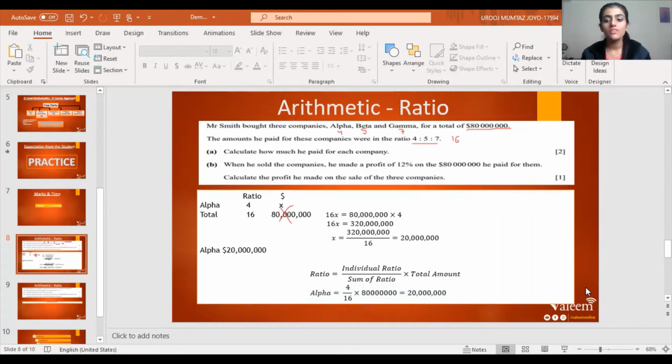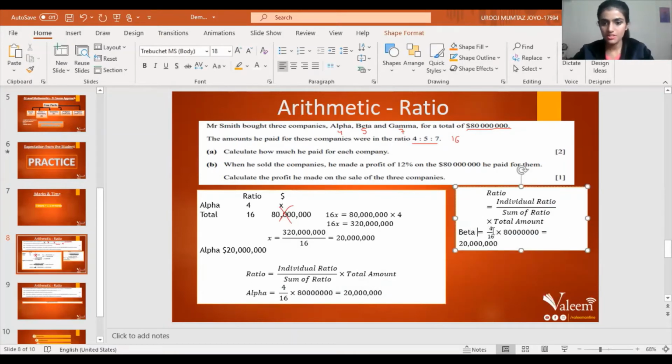Since we're aware of the formula now, we can calculate the other two companies' costs too. Beta's cost is 5 upon 16 multiplied by 80 million, and we get 25 million. The beta costs $25 million.